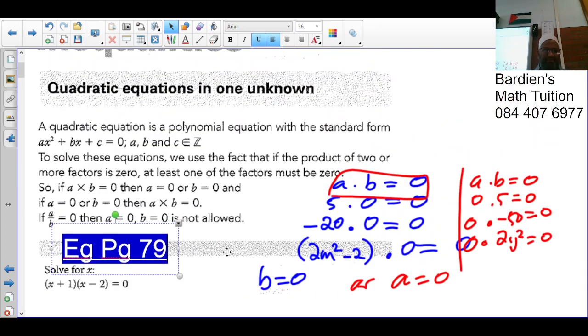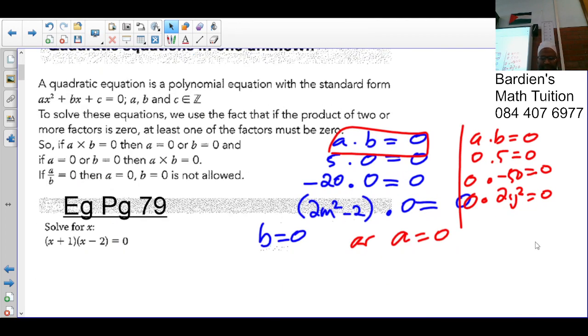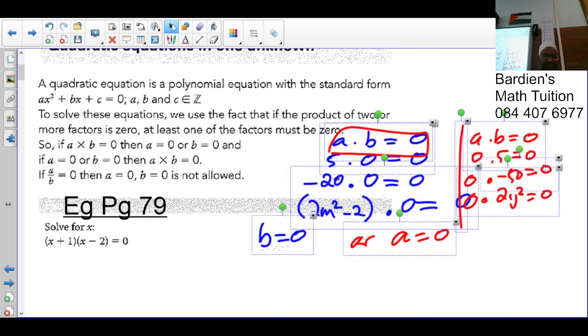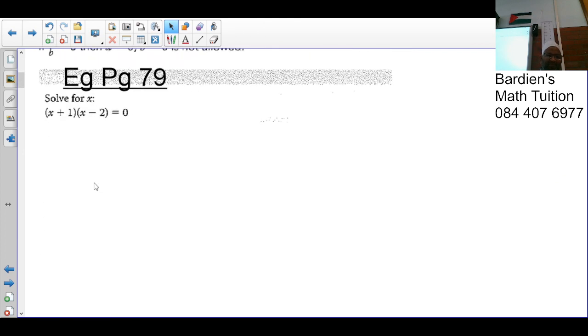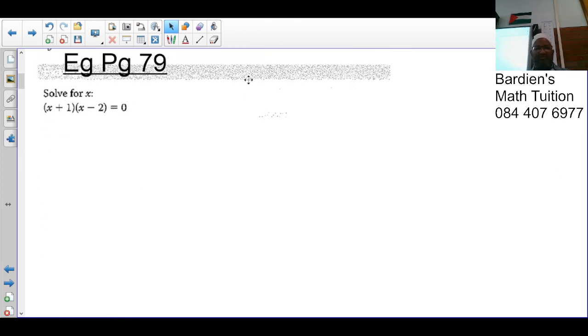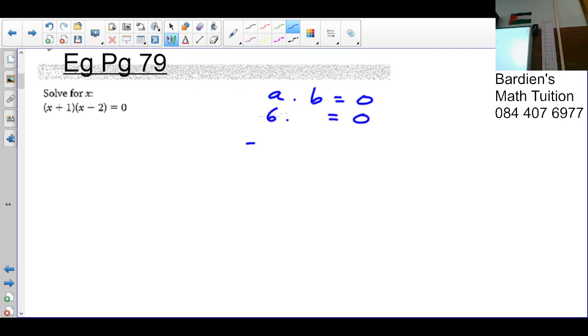So yesterday we read through this. Let's explain this again. I think we must first do the example. Maybe then it will make more sense. If you got A times B and it's equal to 0. So we said yesterday, if A was 6, then what must B be for the statement to be true?